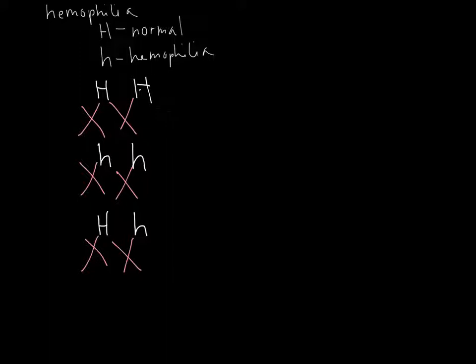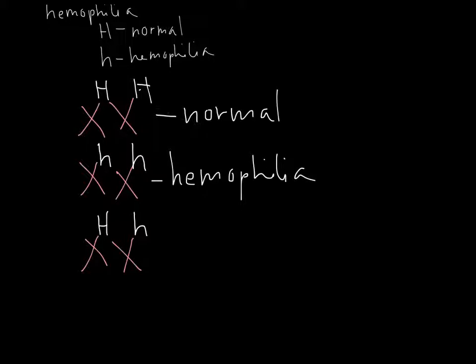Now let's go to the top female here that has the two dominants. She has two normal alleles. That means her phenotype is going to be normal. She's not going to have hemophilia. Now this female in the middle here, she has two of the recessives, and the recessive trait is hemophilia. So this is the way that women can have hemophilia, if they have both recessive alleles.